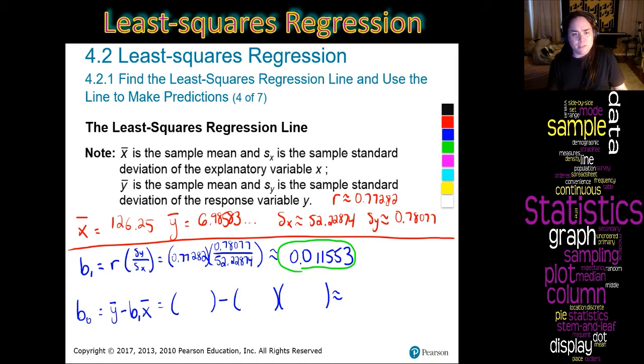That is B1. And notice that B1 goes in this position right here, which means I'm going to substitute this number, 0.011553, into this position.